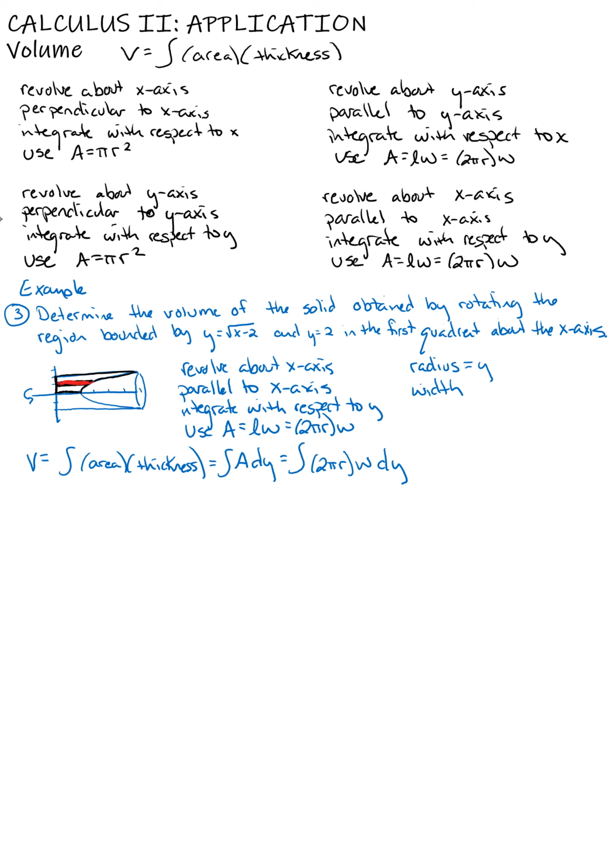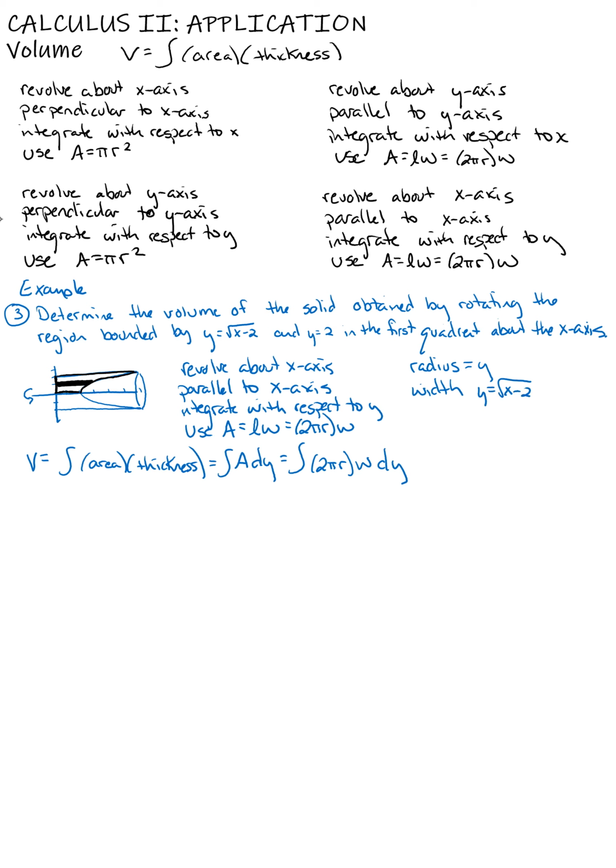Well, that is defined by our curve, square root of x minus 2, and the y-axis. So that's how we'll figure that distance. Of course, square root of x minus 2 minus 0 is just square root of x minus 2. So our width comes from y equal to the square root of x minus 2.